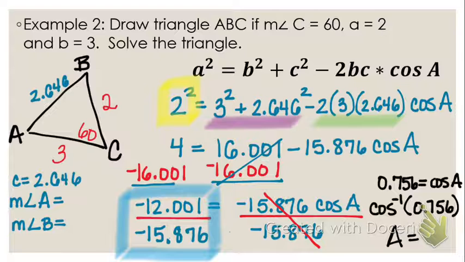So you would get 40.887. Who got 40.887? Okay.